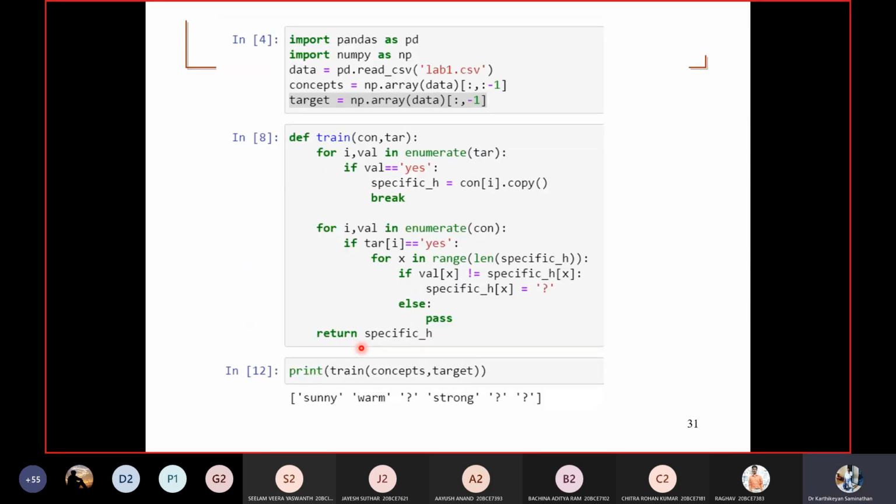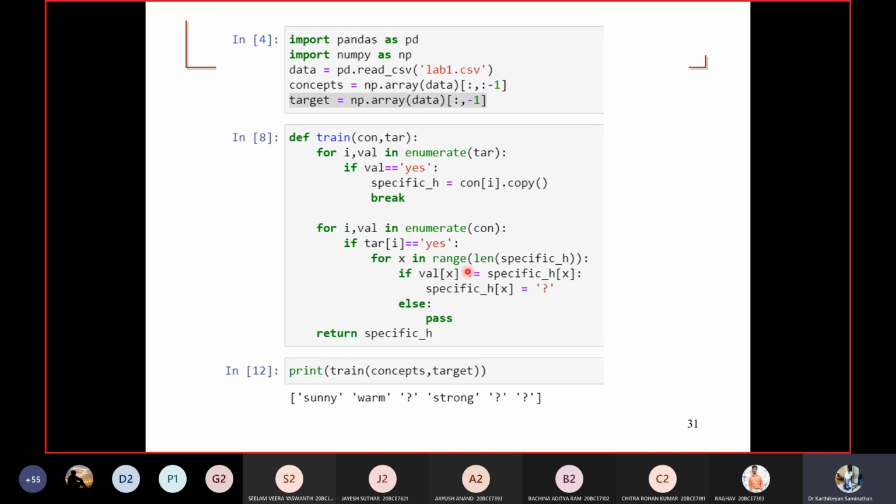Now I am writing the code. It will work only for the yes case, right? Suppose my target value of i is equal to yes, then I am checking whether the attribute values in that array, value of x, are not equal to the specific h.